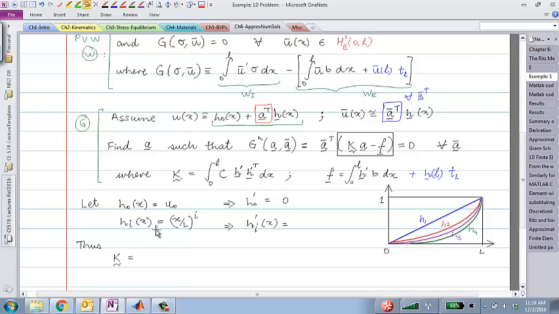What is the derivative of hi? i times x over L to the i minus 1, right? And actually we need to have divided by L also out here.